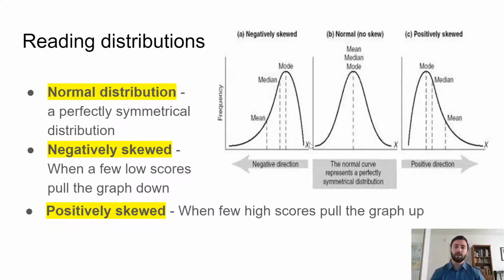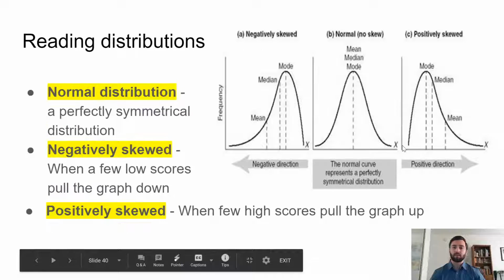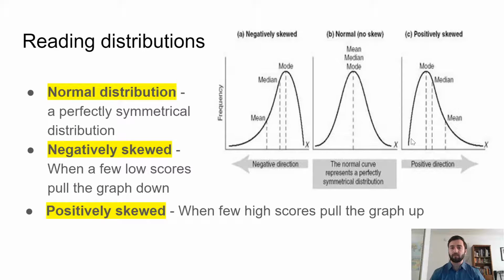There's some, but it's going to be a very small number. We find the exact same thing on the other side. If we're getting toward taller and taller, there's some people who are really tall, 6'7", 6'8", 6'9", people that are 7 feet tall, but it's going to be a very small number of people that are 7 feet tall. So that's where we would see this normal curve here.